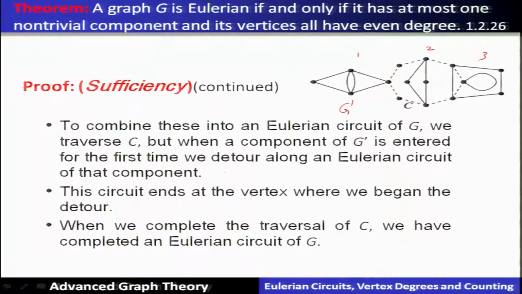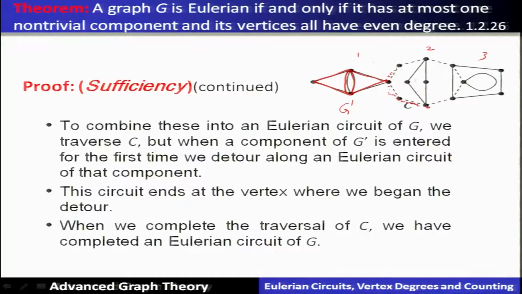Let us take the example. We are traversing through the circuit of G, and once we enter this component for the first time, we detour around this particular component and come back to the same point, and then go ahead.